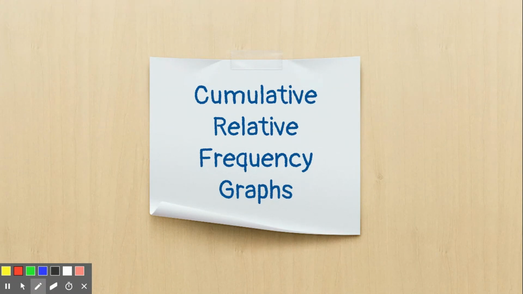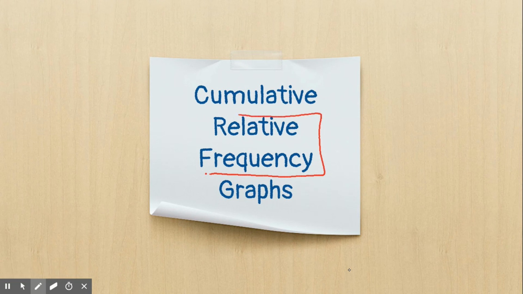Today we're going to be talking about cumulative relative frequency graphs. Now, that's quite the name for a graph, but it gives us a few keys as to what it is. The first thing it tells us is that we're dealing with relative frequencies. And you will recall from previous conversations that relative frequencies often refer to percentages in statistics.